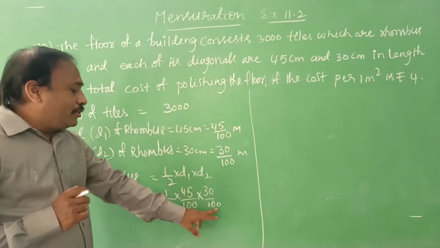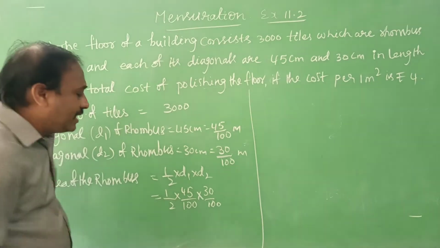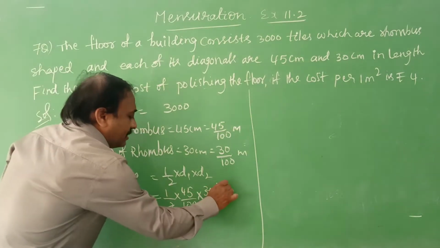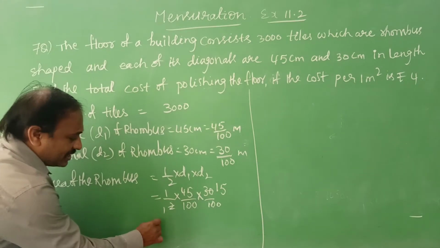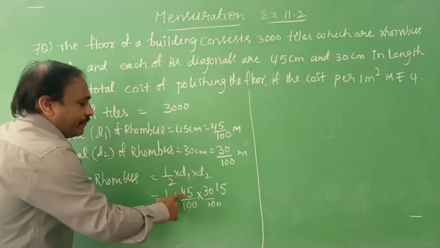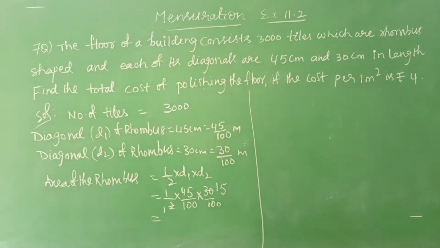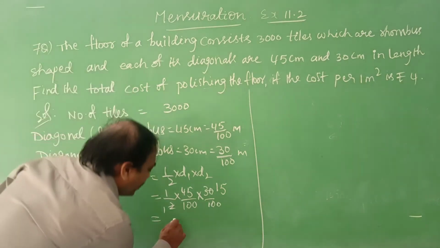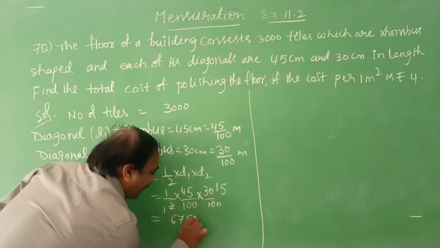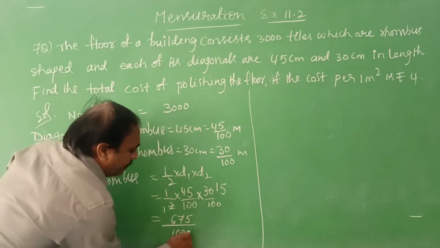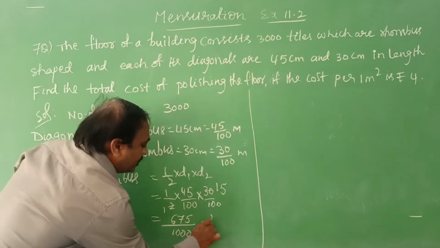So 2 ones are 2, 2 15s are 30. Then we get 1 into 45 into 15. 15 5s are 75, 15 4s are 60, which will be equal to 675 by 100 into 100, that is 10,000 meter square.